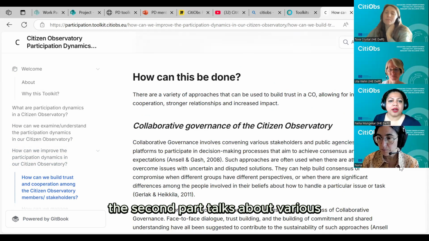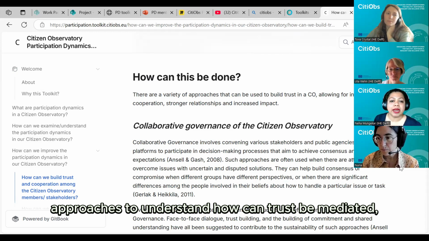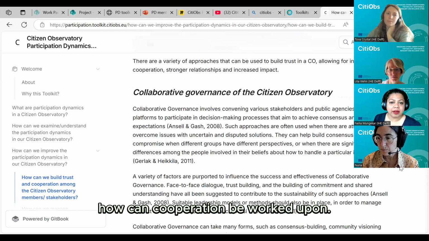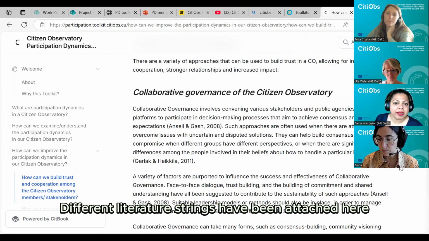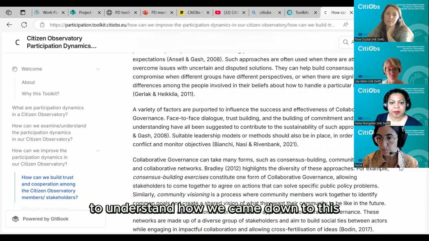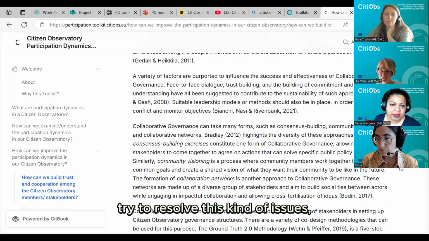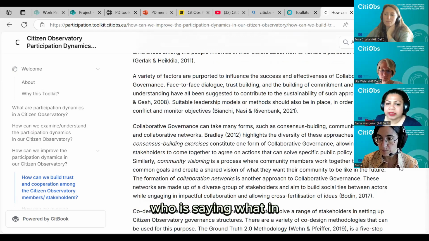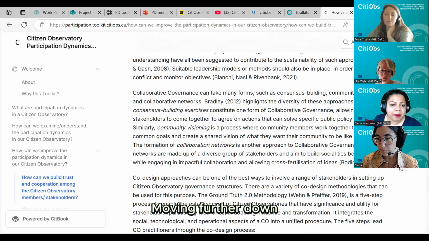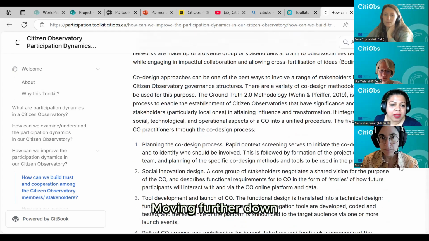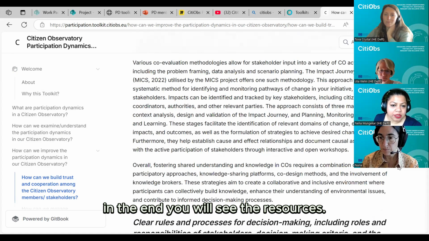The second part talks about various approaches to understand how trust can be mediated and how cooperation can be worked upon. Different literature strings have been attached here to understand how we came down to these different practices to try to resolve this kind of issue. Who is saying what in different grey reports as well. Moving further down, in the end, you will see the resources.